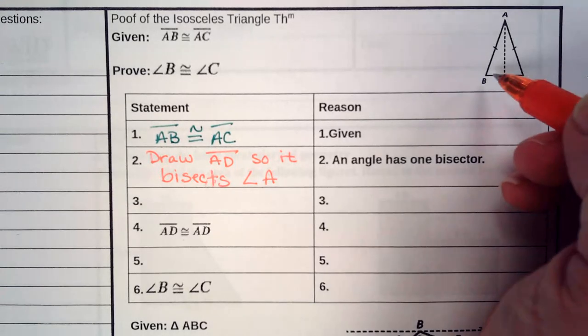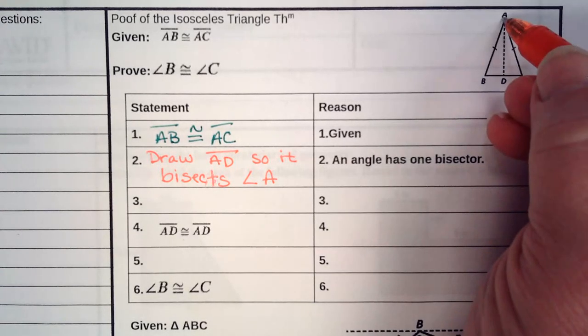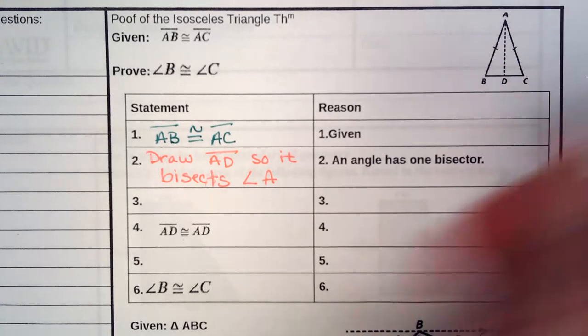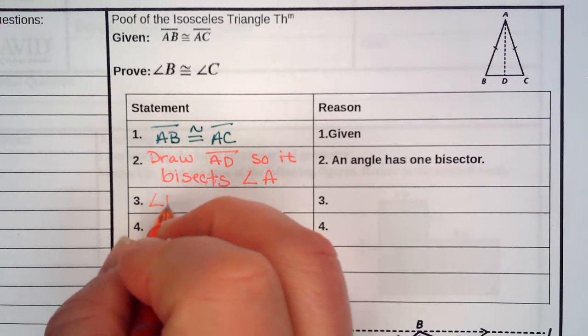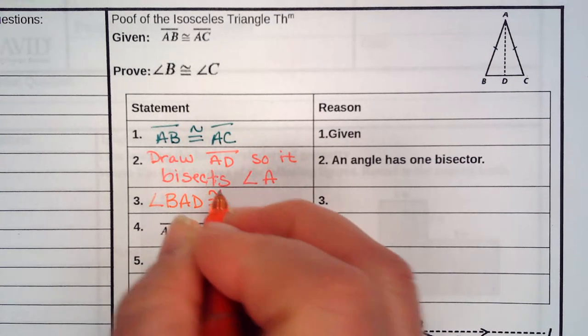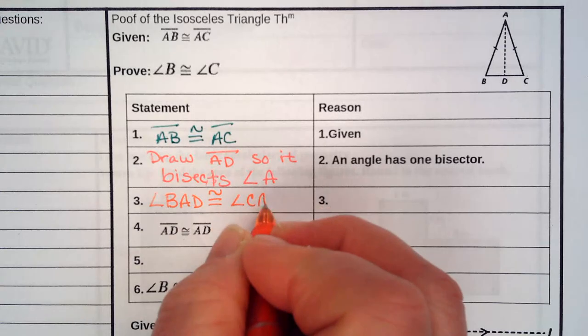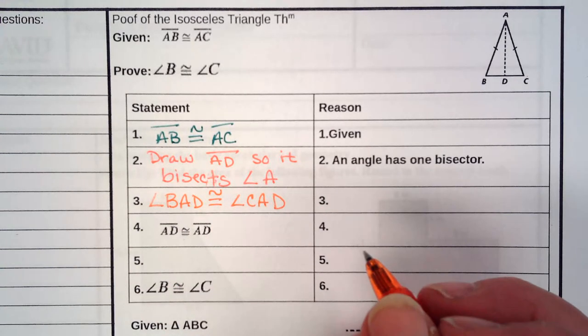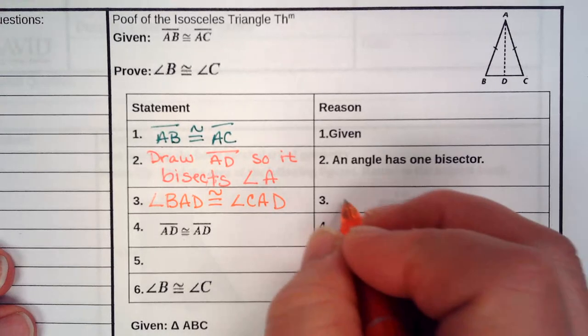So we know that angle BAD is congruent to angle CAD. Why? Well, that's your definition of angle bisector.